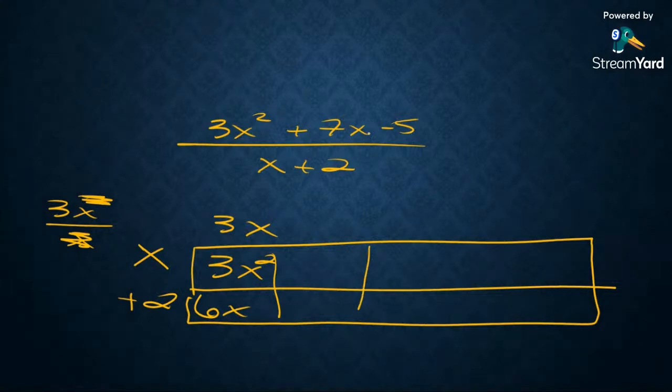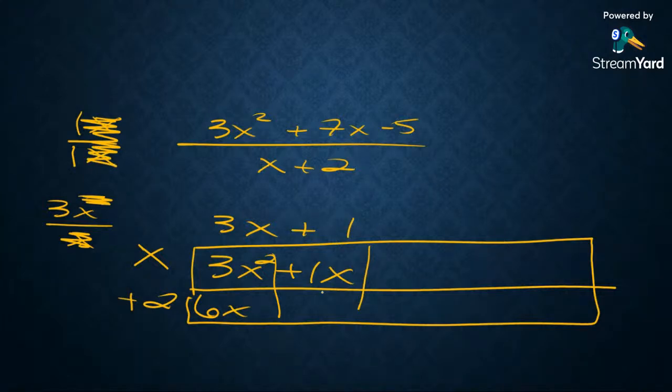I want 7x in total, so I'm going to add another 1x to make these add up to 7x. Now 1x divided by x, the x's divide out, and I get a 1. So 1 times 2 is 2. I want -5, so I'm going to need -7 to make that work. Since there's no other number, I end up with -7 as my remainder.